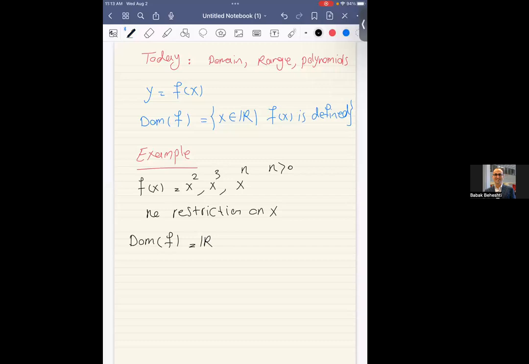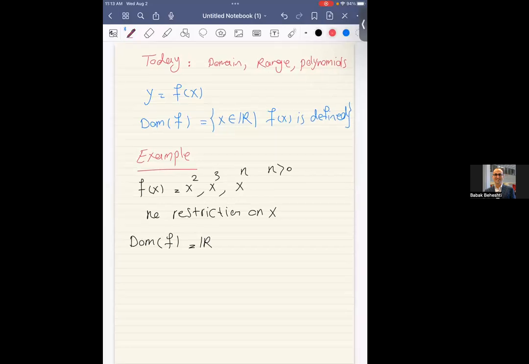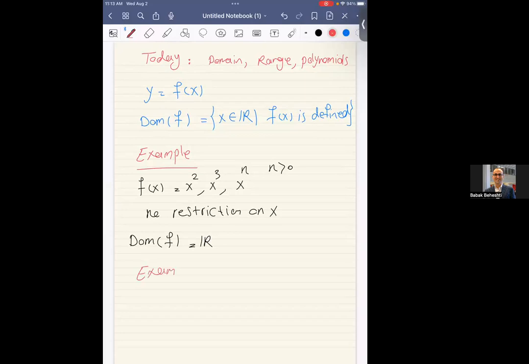But there can be some restrictions if you have a denominator. Another example: if you have a denominator like f of x equal to 1 over x. So here there is a restriction on x.